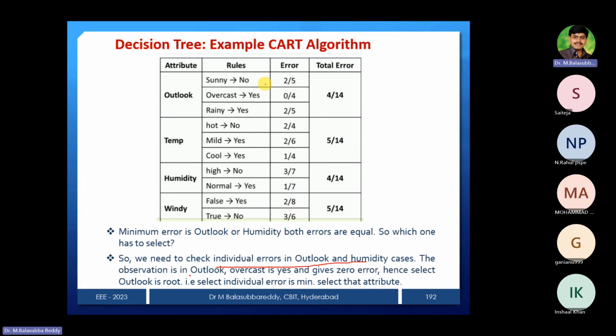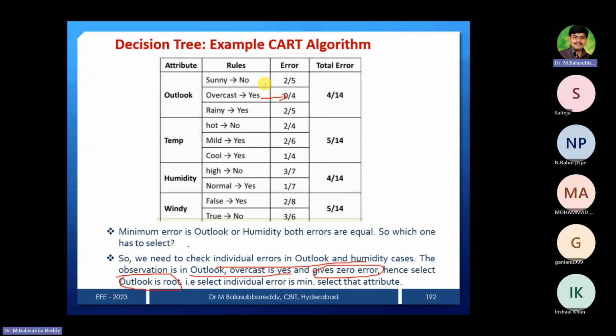In the observation, outlook overcast is yes and gives 0 error. You can see overcast is yes, then your error is 0, and select overcast as your root node. That is, select the attribute whose individual error is minimum.